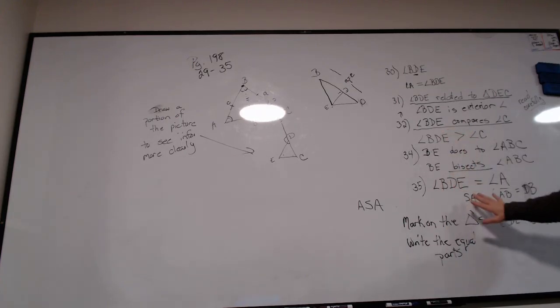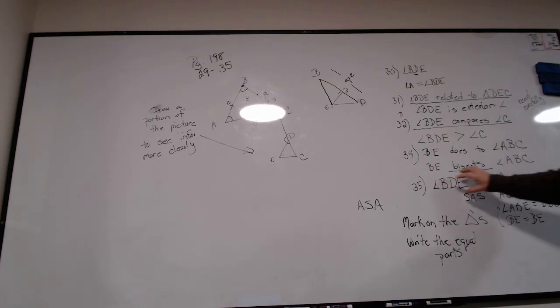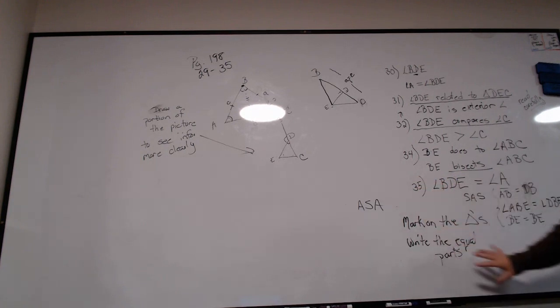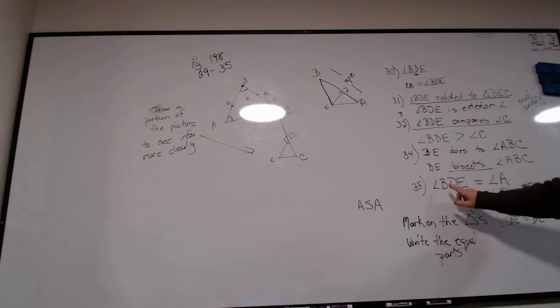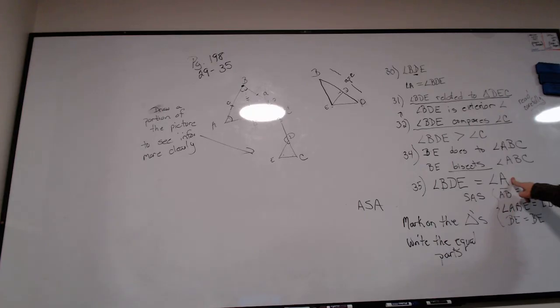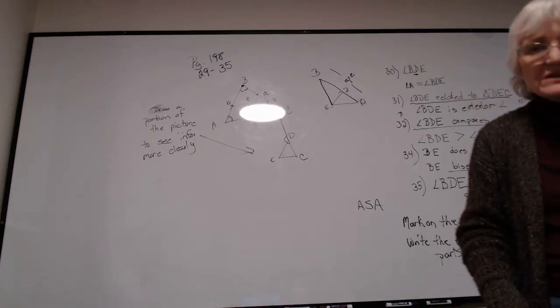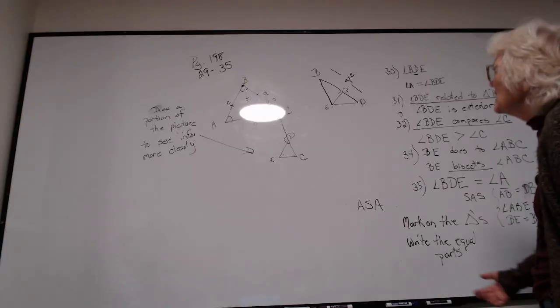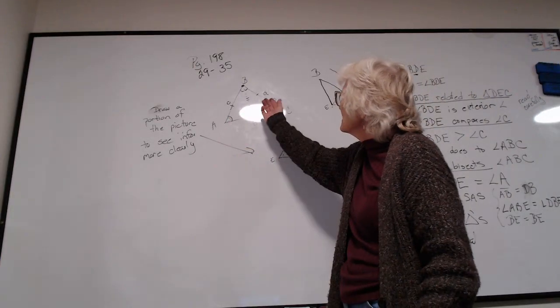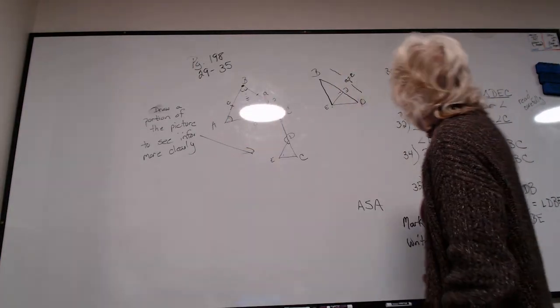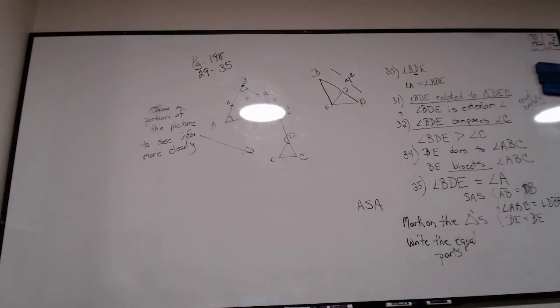And then when you get down to saying that two things are equal and you have to prove it using triangles, because we're looking at BDE equaling angle A. Well, we've already actually proven that, so I guess we can't use ASA because we're trying to use that in it. We already proved that because when you fold this, it's the same angle. I don't know why they actually proved it that way.